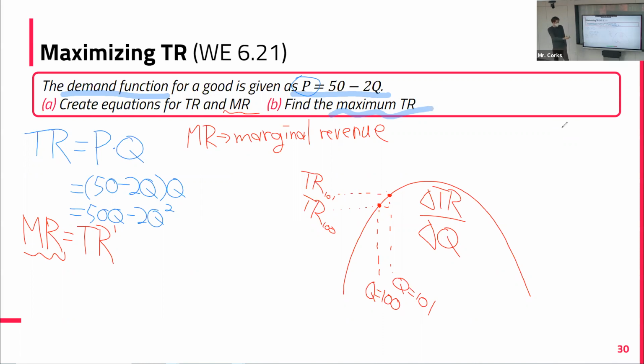So we use this tool all the time to talk about marginal whatever. Economists are always talking about marginal benefit, marginal whatever, at the very limit of whatever thing. That's all calculated with derivatives. So marginal revenue is equal to the derivative of total revenue, and our total revenue in this case is 50Q minus 2Q squared. So that is 50 minus 4Q.